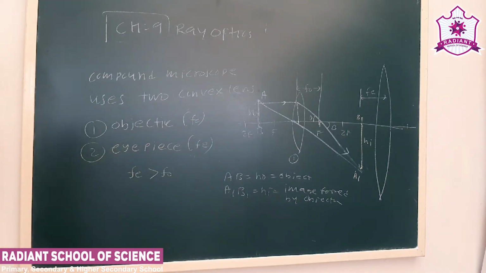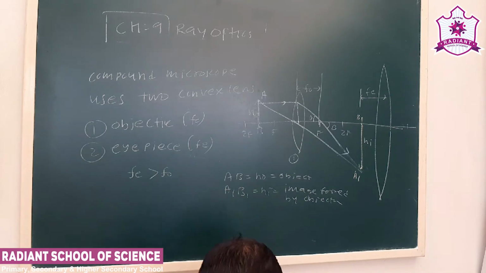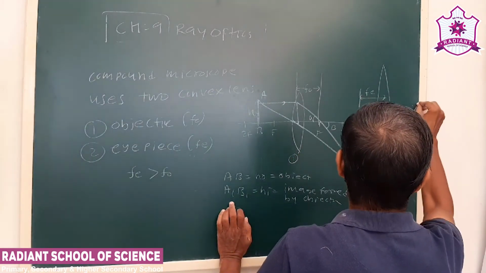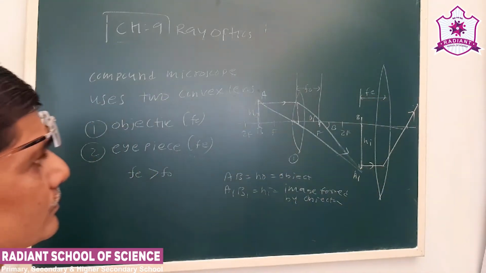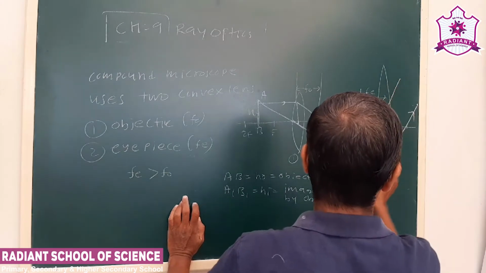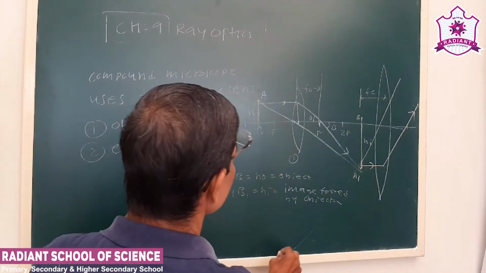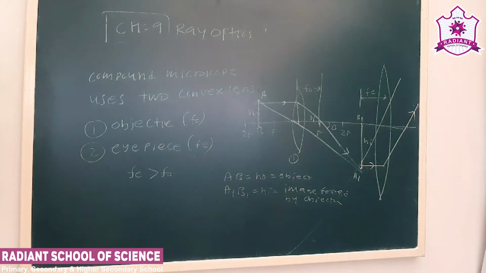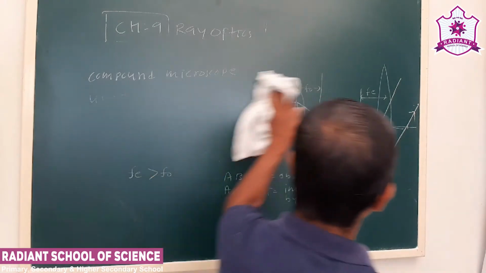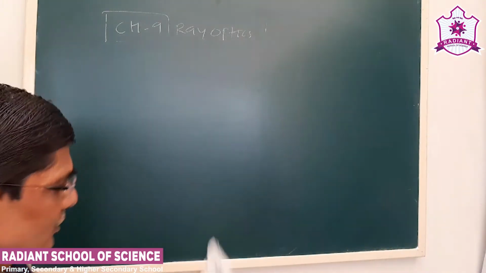Now how is the image formed by the eyepiece? Let us see. See the first ray. When the ray passes through the convex lens, we can draw another diagram separately, because the limitation here is the space.